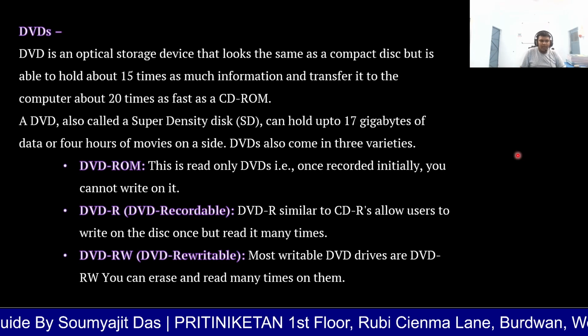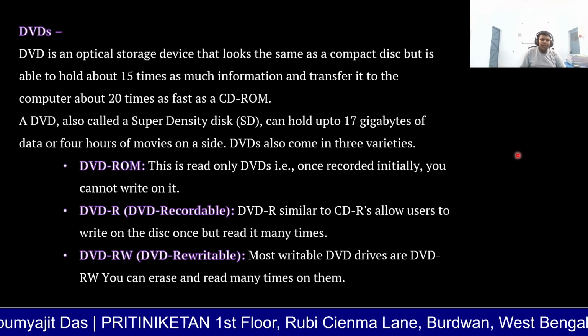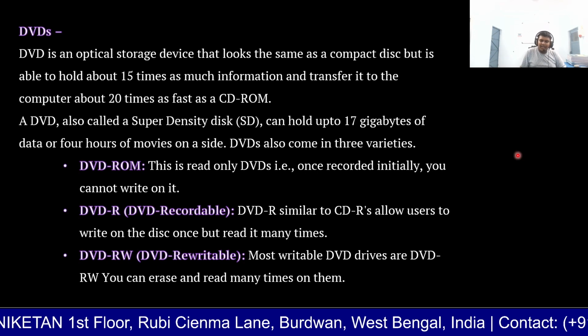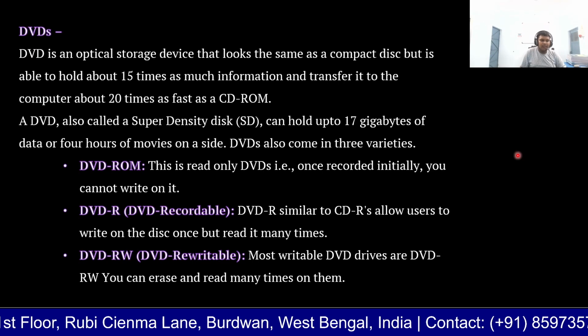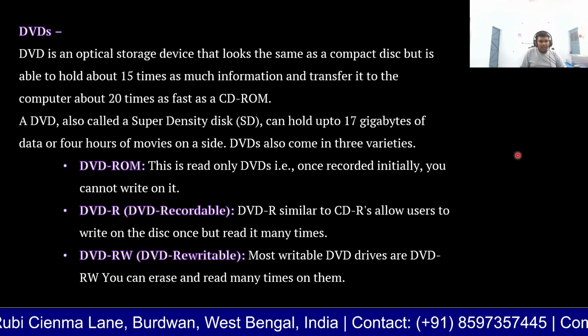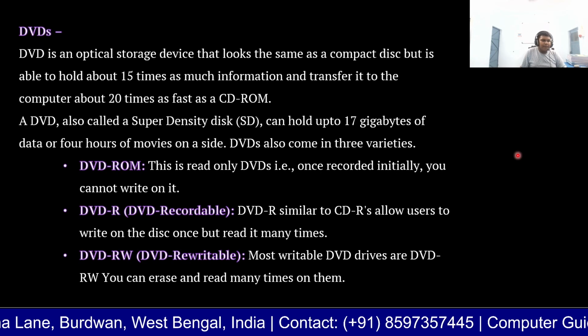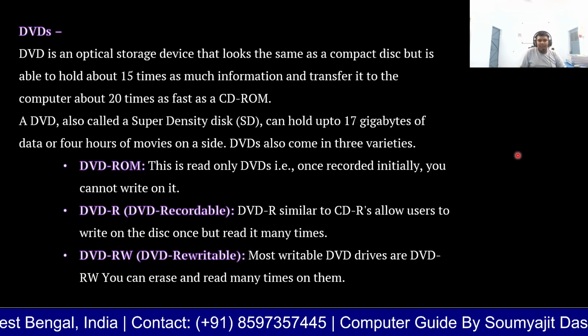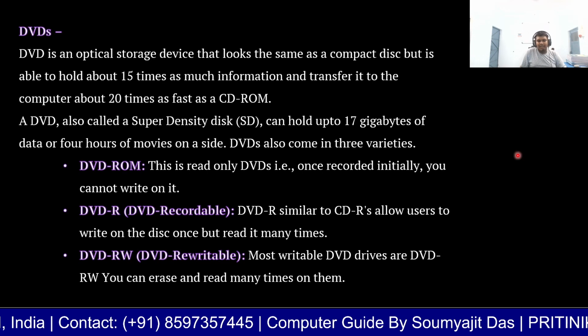Here in the recordable one, you are allowed to write on the disc one time, but it can be read as much as you want. And DVD rewritable is the DVD drive which enables you to write as many times as you want.